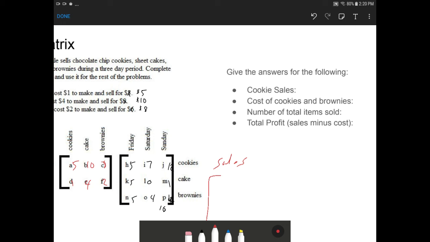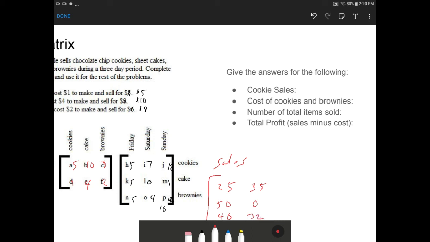Okay, so 5 times 5 is 25, and then 50 in cakes, and then 40 in brownies. Then the next day, it was 35 in cookies, and then 0 in cakes, and 32 in brownies.